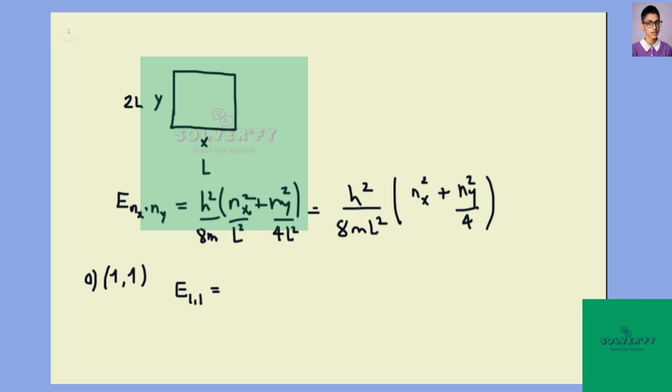We need to find the multiple. So the question is, what multiple of h square over 8mL square gives the ground state energy? This will be equal to h square over 8mL square into 1 plus 1 over 4. So we see that this multiple is 1.25.